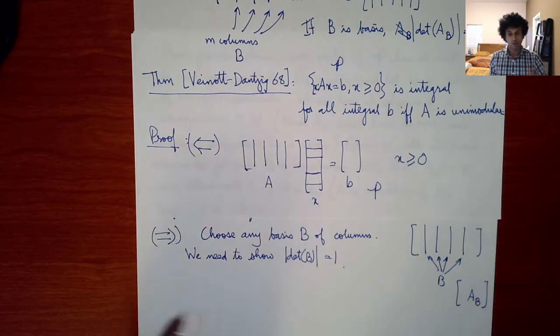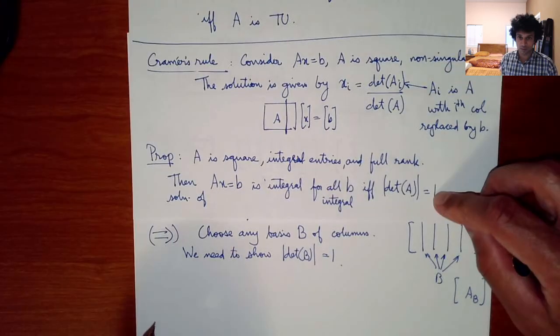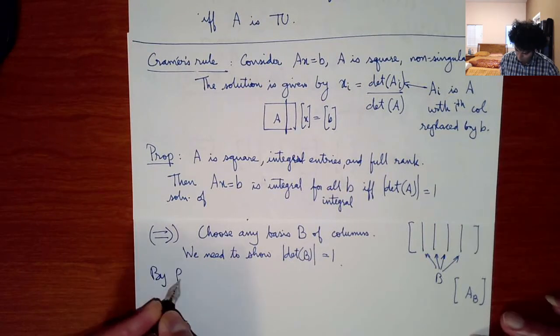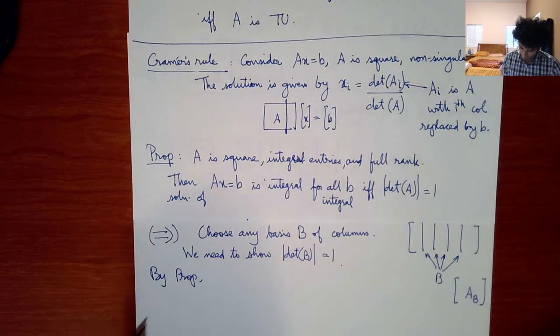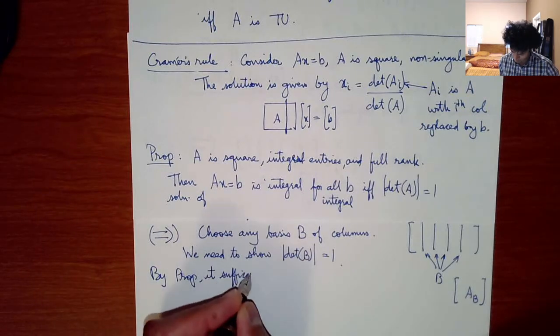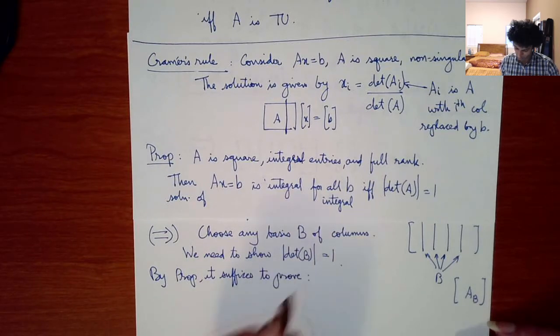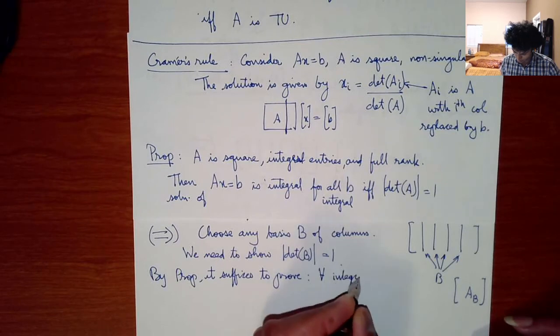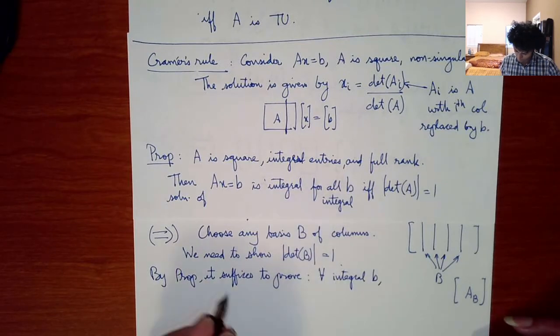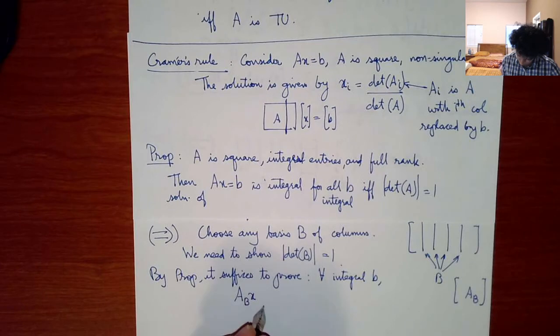Now we'll go and use our proposition. By the proposition, it suffices, it's actually equivalent, to prove that for all integral b, the solution of A_B x_B is equal to b.